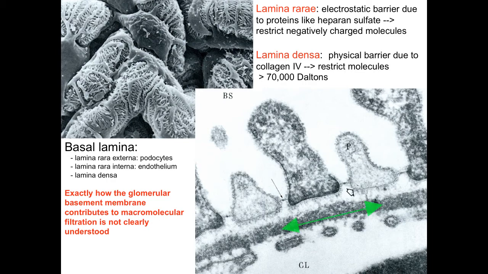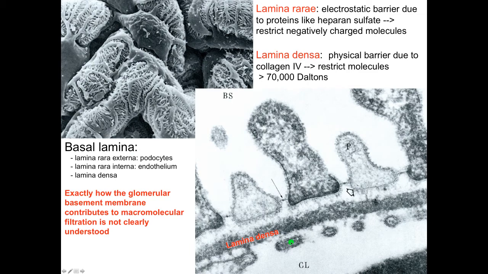The lamina densa, which I'm highlighting here, is a physical barrier due primarily to collagen type 4, and the lamina densa restricts movement of molecules that are larger than approximately 70,000 Daltons.